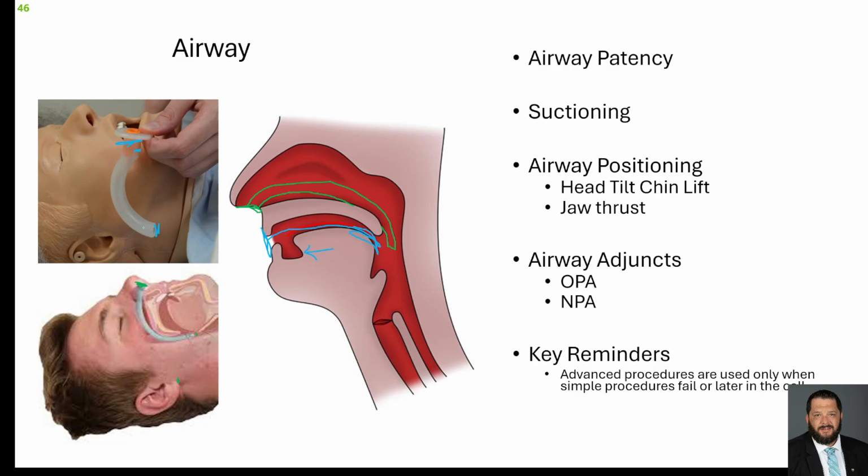We may decide to intubate during the secondary survey or during treatment while we're transporting, but the only need to stop what we're doing for the primary survey to intubate is if these procedures are failing. Airway management is progressive. Likewise, if suction works, then we'll use suction, but we may choose to intubate this patient later.